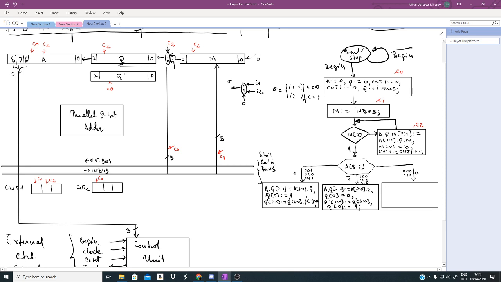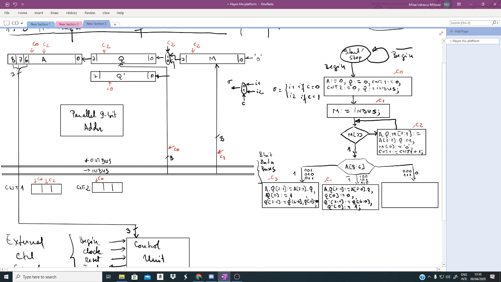So you see, I have to control what bits are taken here in Q prime of 0 and in Q of 0. Obviously, in Q of 0 comes this signal, the other entry in the multiplexer. So I'm going to put here signal C3 for the shift.